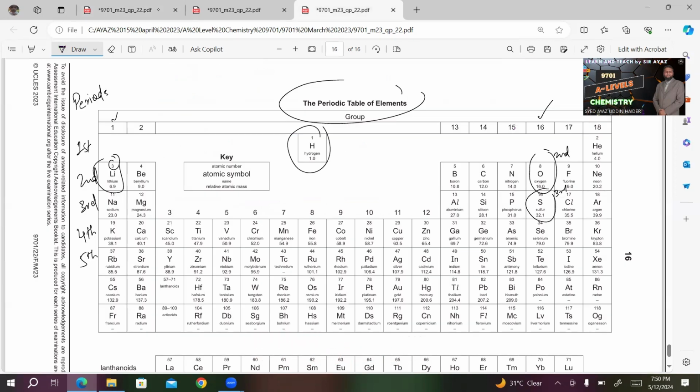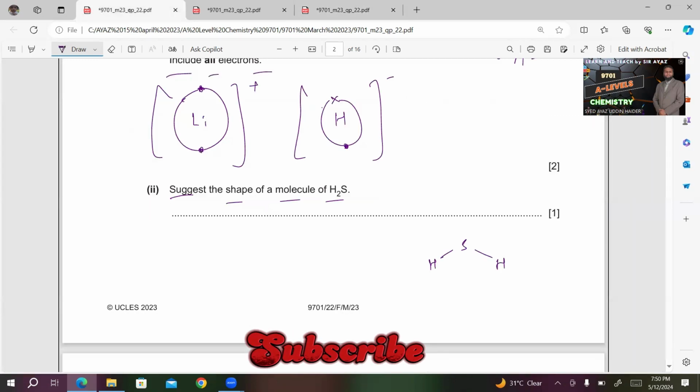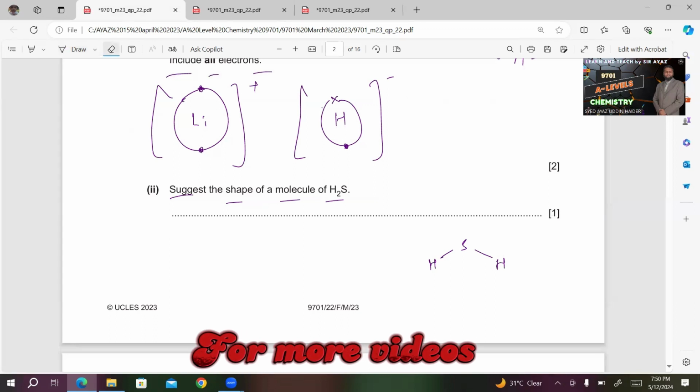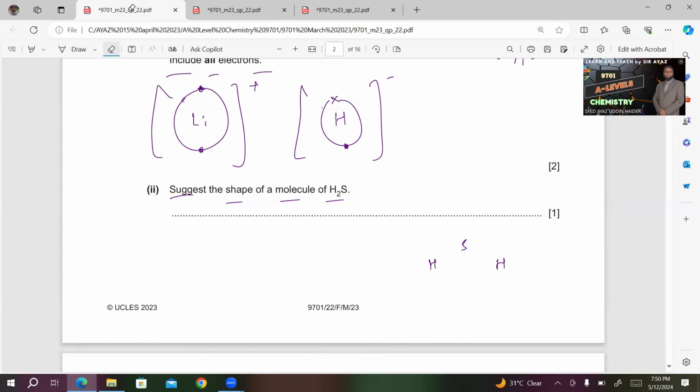It's in group 16, which means it has 6 valence electrons. So it needs 2 electrons to complete its valence shell. So if I show the electrons for sulfur, it will be like this. I'm using dot for sulfur. 1, 2, 3, 4, 5, 6. What about hydrogen? These are the electrons for hydrogen.